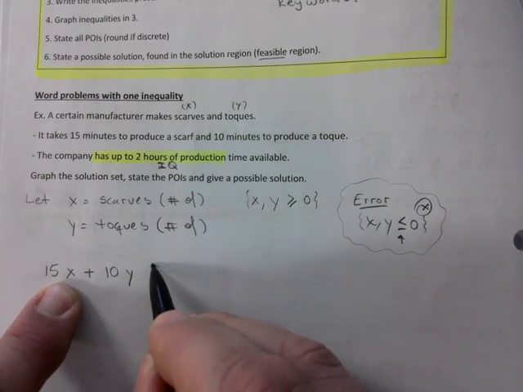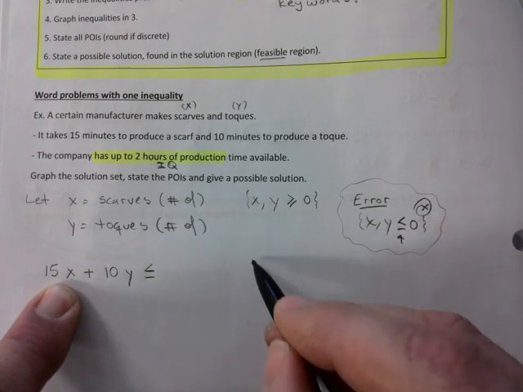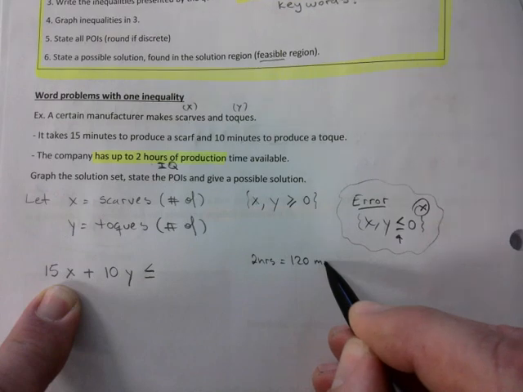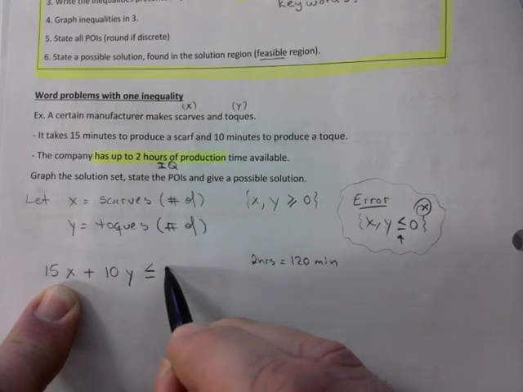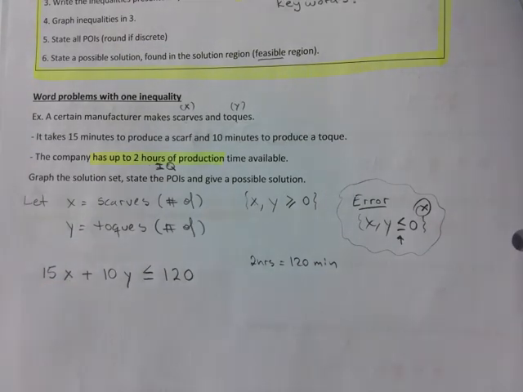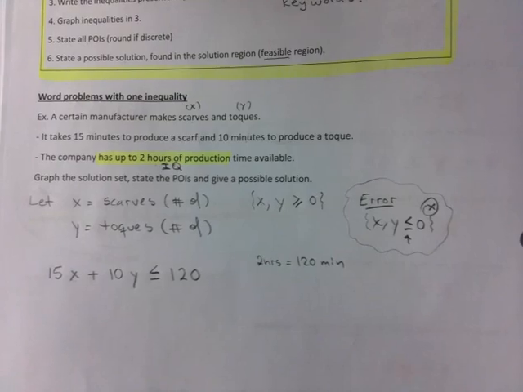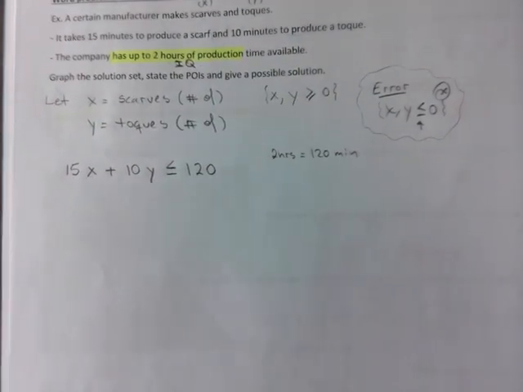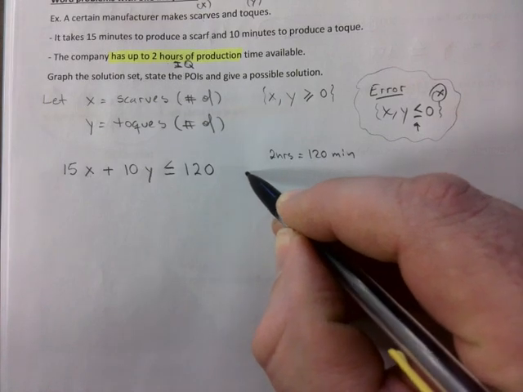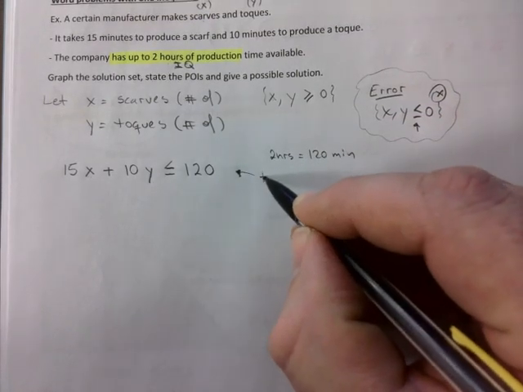That has to be less than or equal to, let's just do that here, 2 hours is what in minutes? That has to be less than or equal to 120. Okay, so this is the inequality, a restriction on time.